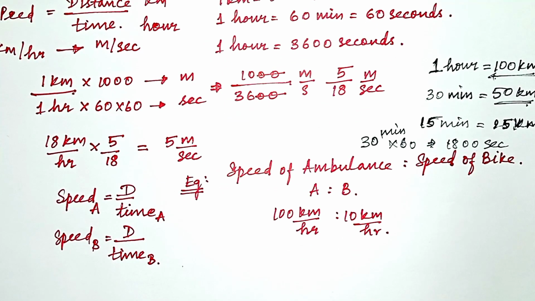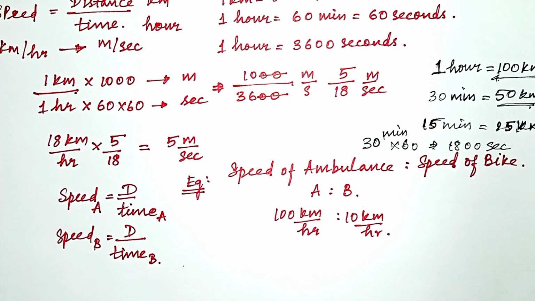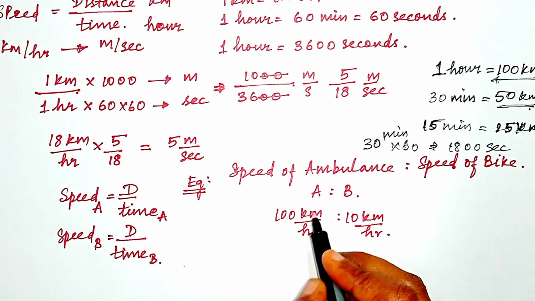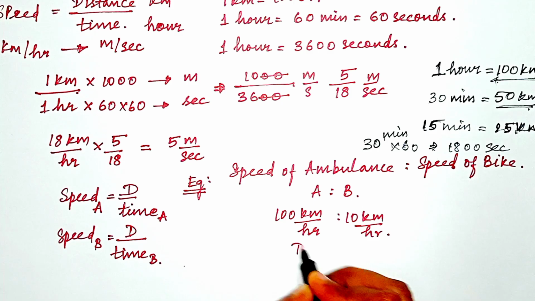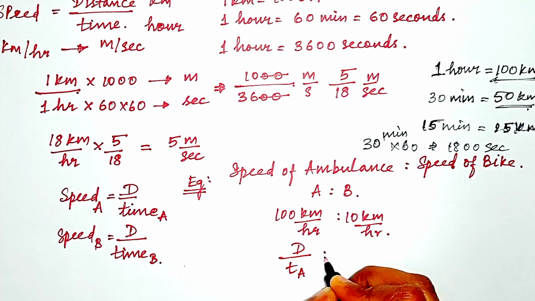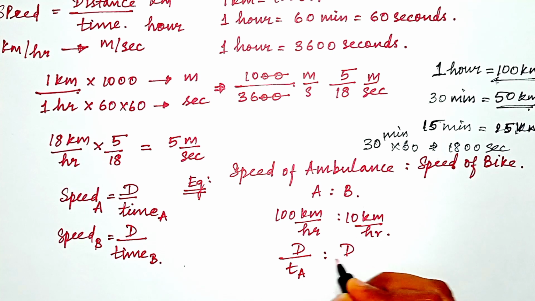In this, consider the ratio of time with respect to the speed of the vehicle. You can directly say speed is d by time, so d by time of ambulance is to d by time of bike.